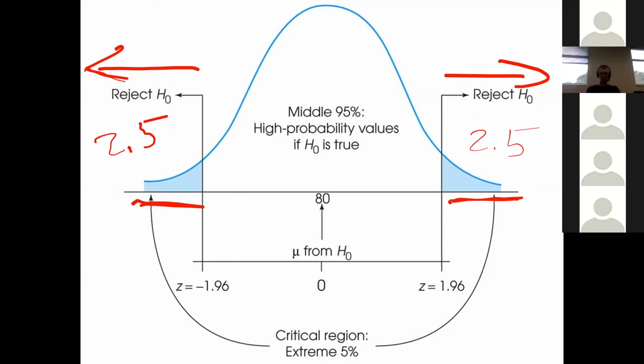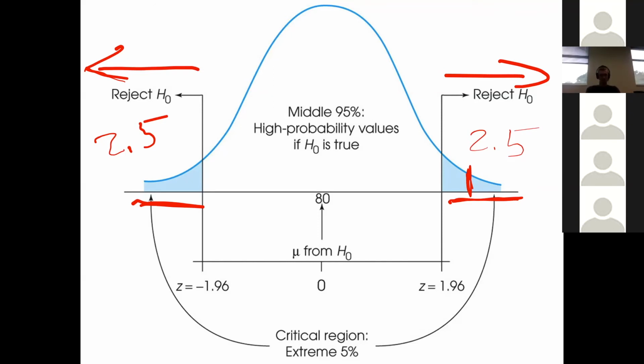And so now we can say, we've sampled a group, we've given them the vaccine, we know what their infection rates are, and we can now put it on this curve. And let's say the sample infection rate is up here.